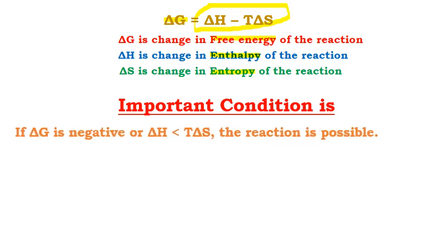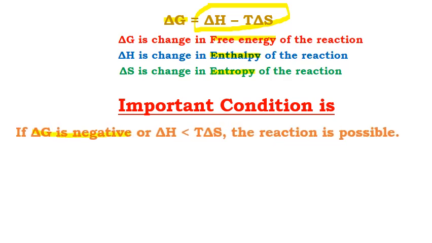When delta G becomes negative, if suppose delta H is less than T delta S, then delta G becomes negative. So if delta G is negative, then the reaction is possible. Suppose if you want to predict whether a reaction is possible or not, then look for delta G. If delta G is negative, then the reaction is possible.